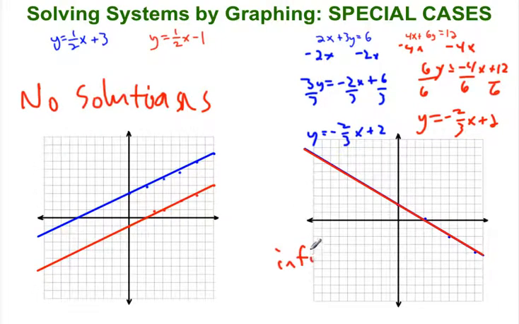These lines coincide. When they coincide, every single point is an intersection. Forever, because lines go on to infinity in every direction. These lines both go on forever, so there will be infinite solutions.